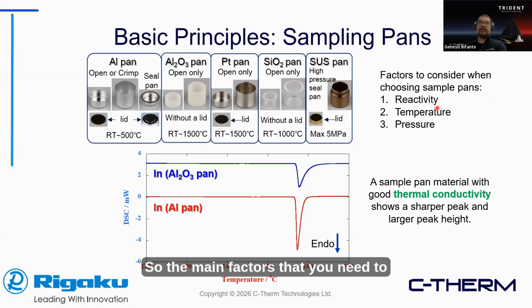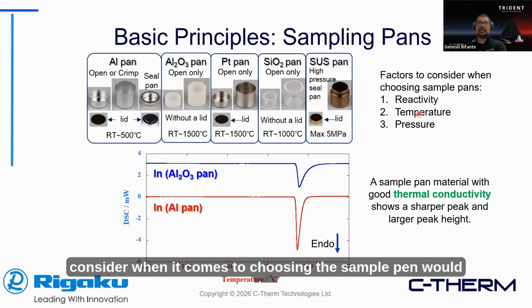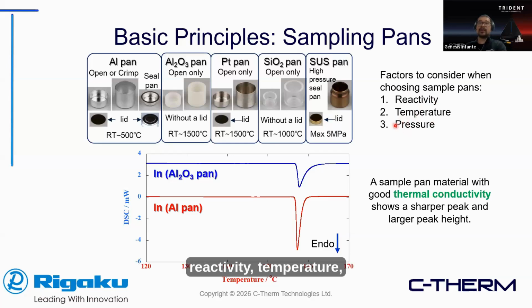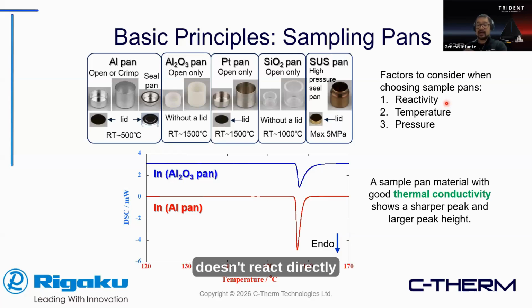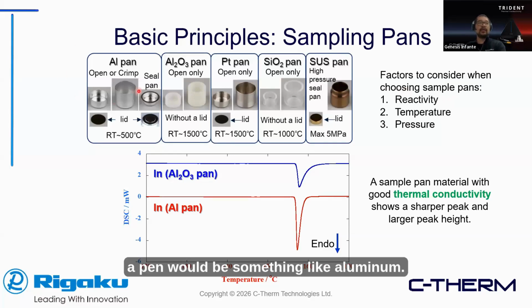So the main factors that you need to consider when it comes to choosing the sample pan would be reactivity, temperature, and pressure. So reactivity, in a context where you need to understand that the sample that you'll be testing using the DSC doesn't react directly with the sample pan. Typical examples of a pan would be something like aluminum.